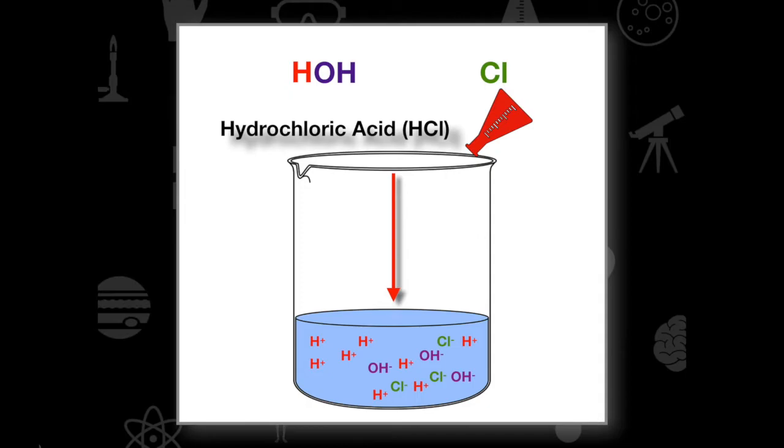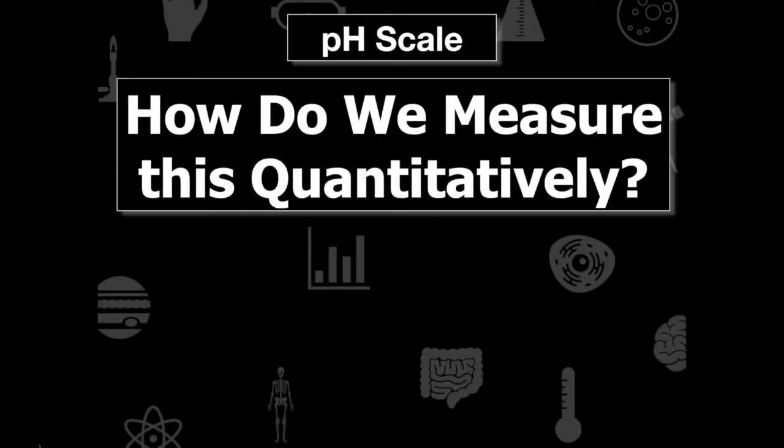Now, some of the hydrogen ions are going to interact with my hydroxide ions, and that's going to neutralize and create water, but I'm also adding extra free hydrogen ions, which upsets the balance of the hydroxide to hydronium ions. So now, because I have more hydronium ions, my solution is acidic.